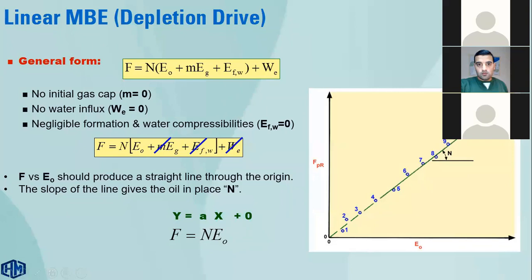So it's a straight line with F on the y-axis versus E sub O. The slope of this equation will be N or STOIIP, and the intercept will be 0. So for depletion drive, by plotting F versus E sub O, you will find N or STOIIP is the slope of this straight line passing through the origin.